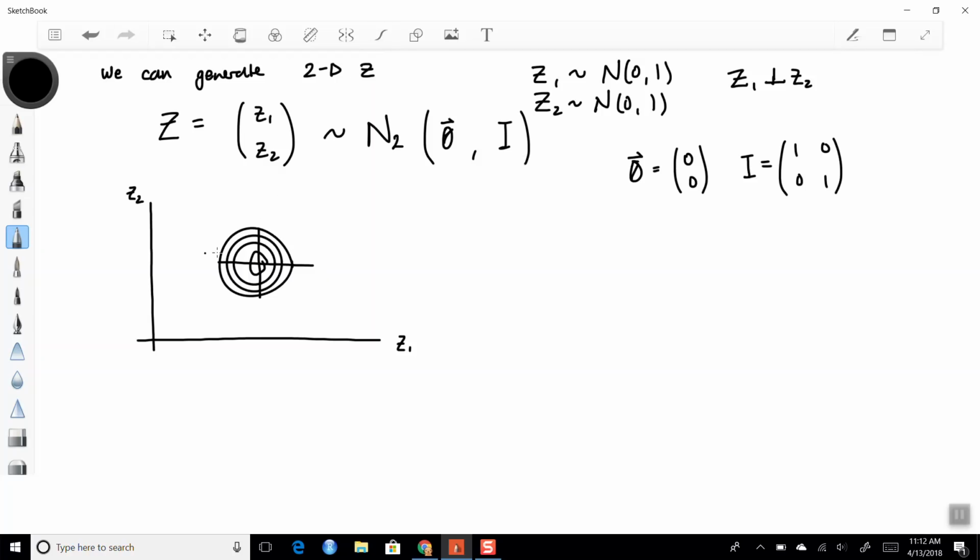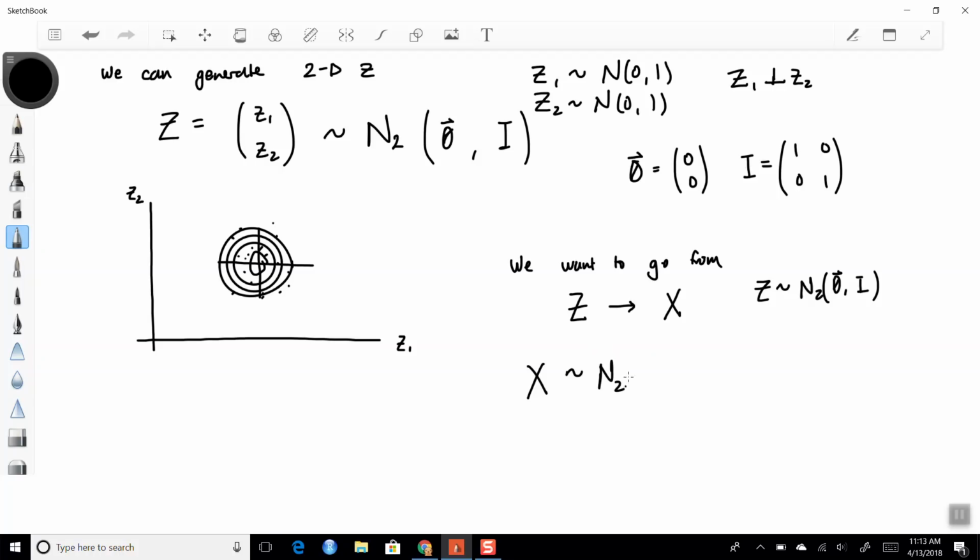Something like this, okay? And you'd have points scattered about, right? So that's what we have, okay? So we want to go from Z to X, okay? Where Z comes from normal this, and we want X to come from normal this. Okay, that's what we want.